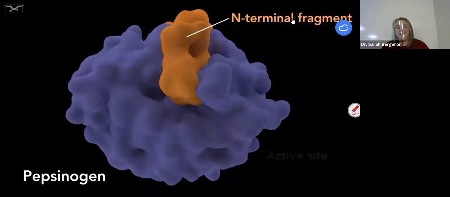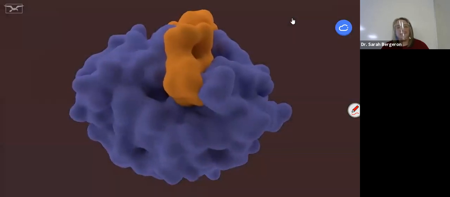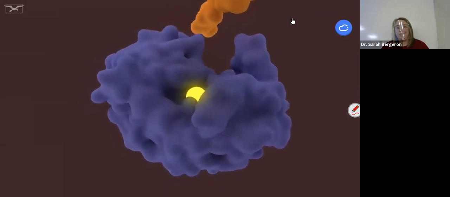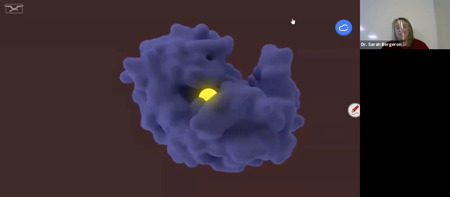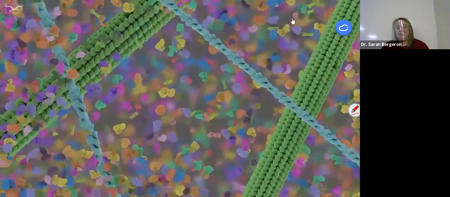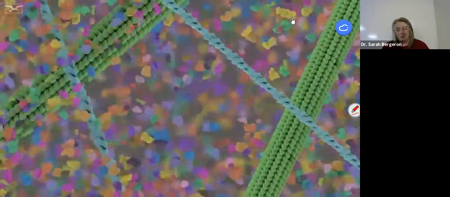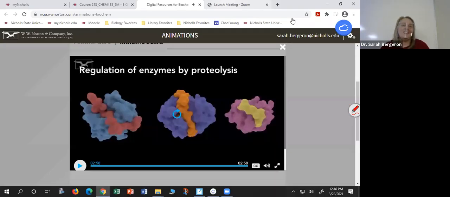In pepsinogen, the active site of the enzyme is blocked by a 44 amino acid N-terminal protein fragment. The acidic environment of the stomach causes a conformational change in the pepsinogen that results in it cleaving its own N-terminal segment. The active site is now accessible. These examples illustrate only 2 ways that enzymes are regulated to ensure that they are active at the proper time and place within cells.